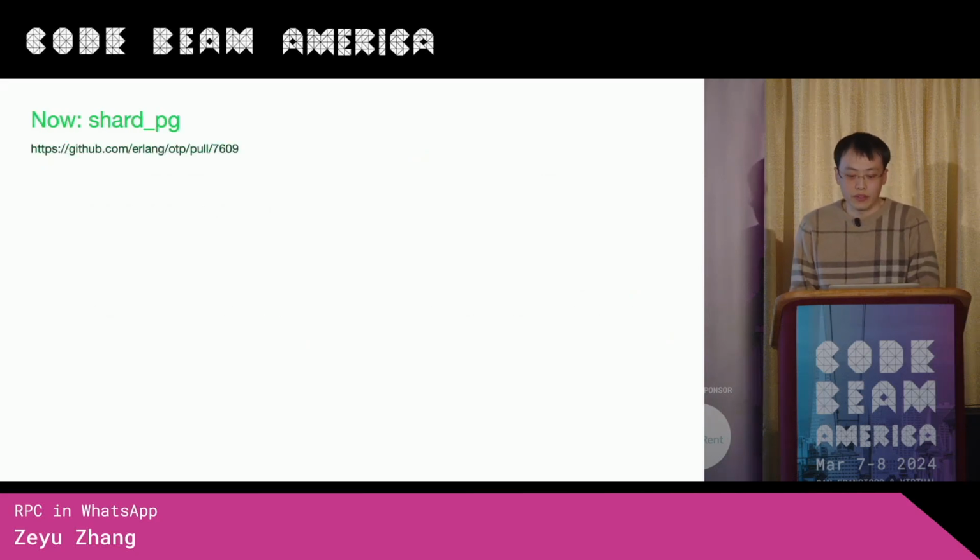Recently, we have introduced a new module called Shard PG, which solves this problem. I have submitted a pull request on this, but due to an API compatibility issue, it's still in discussion state, but it's available to use.